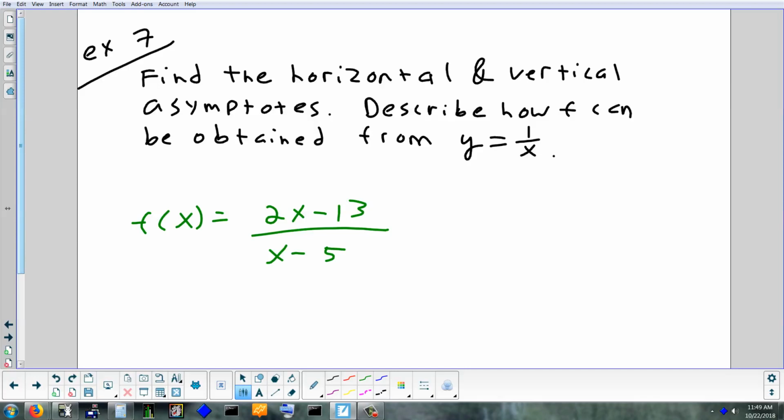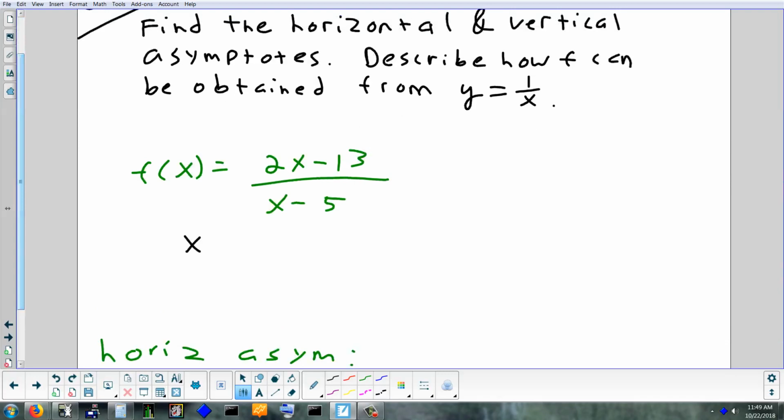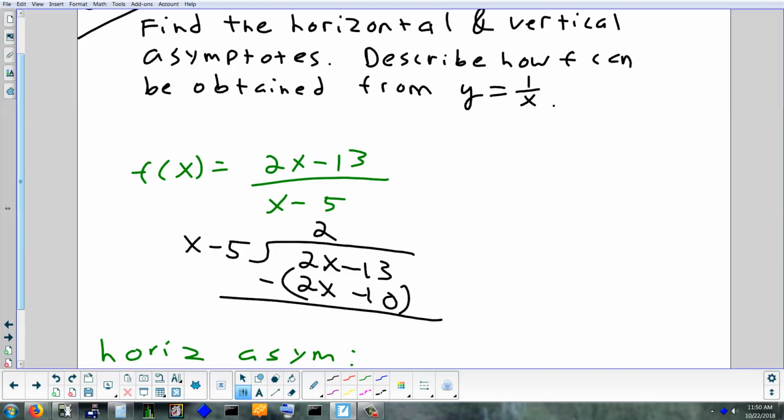You've got to have something that looks like a number. Well, I'll just divide it out and then you'll see the format. So, x minus 5 divided into 2x minus 13. So x goes into 2x 2 times, multiply it back out, and subtract.